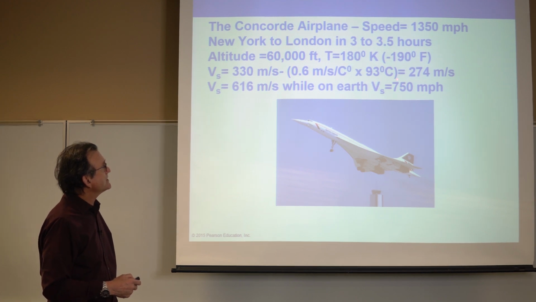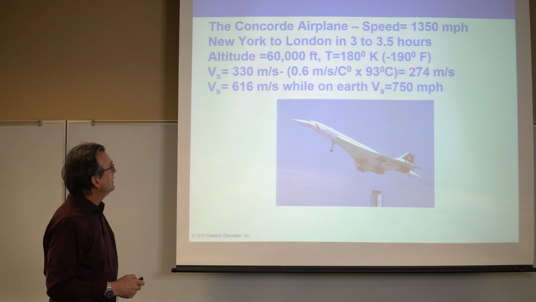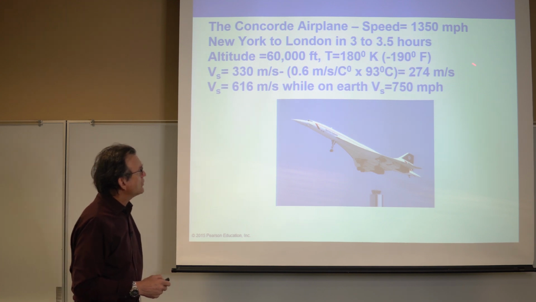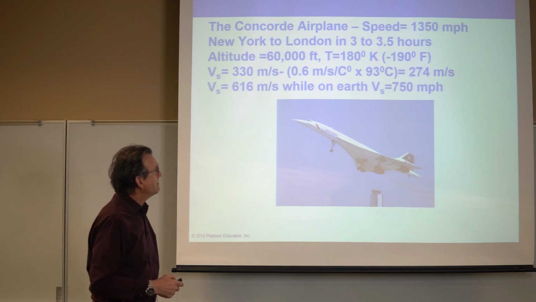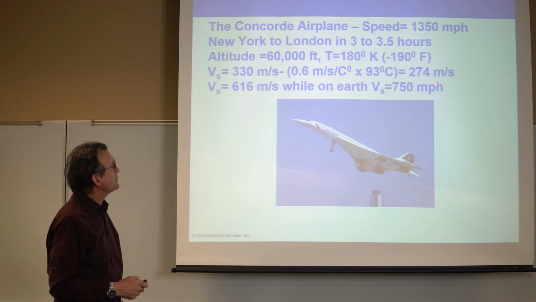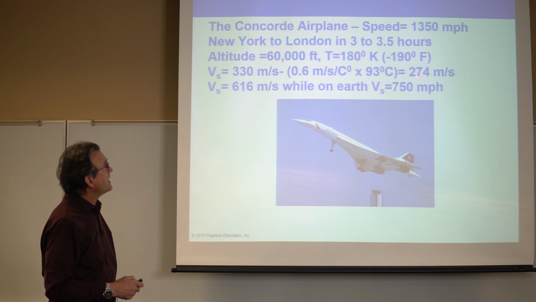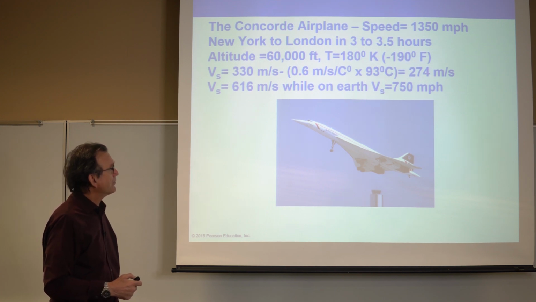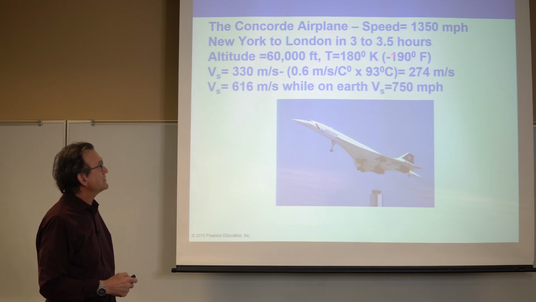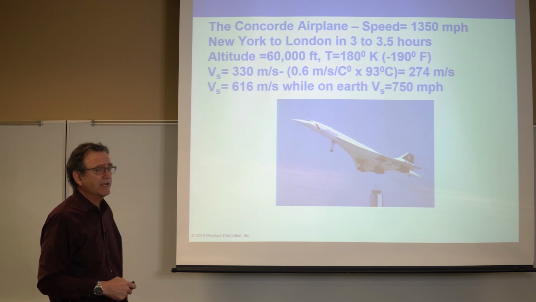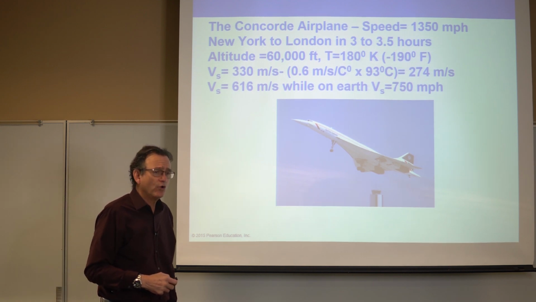So by the time you get up to an altitude of 60,000 feet, the speed of sound is only about 270 meters per second, as opposed to the original 330. So now the speed of sound is more like 600 miles per hour, because it is the speed of sound at the altitude of the airplane, where it's 93 degrees colder.